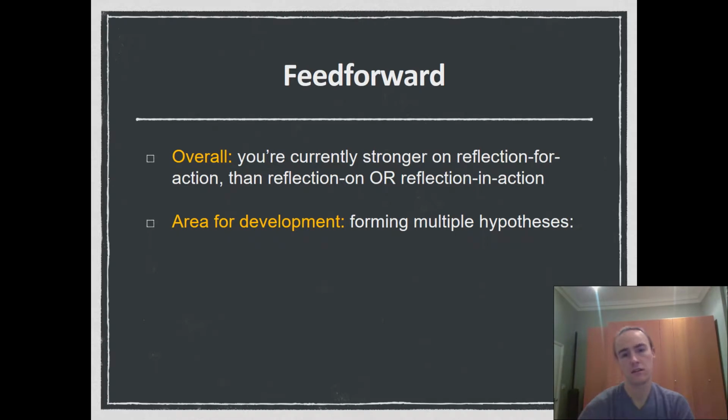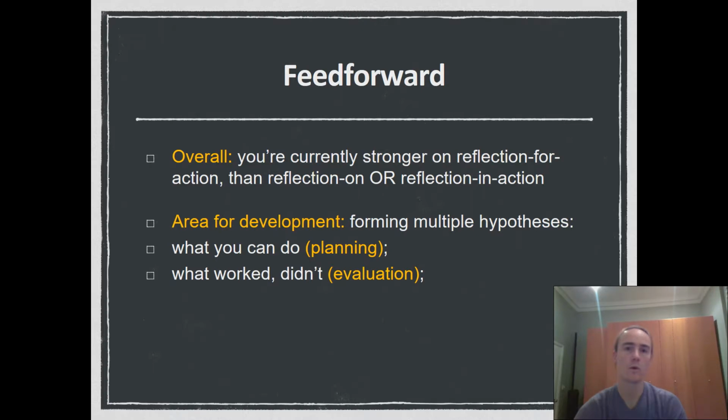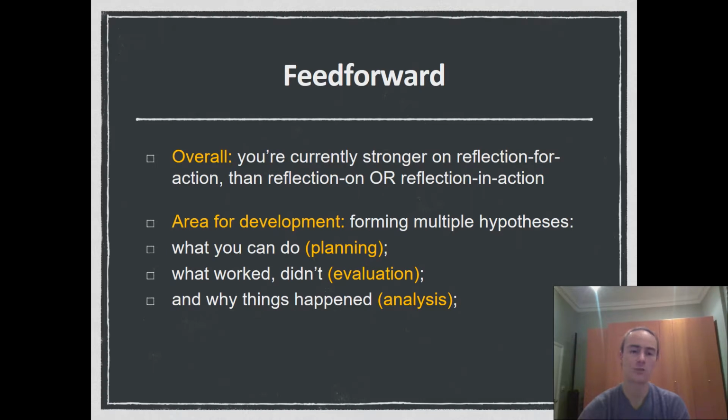And then, as well as leaning into those two areas, one really powerful technique for upping the amount of critical thinking in a piece, and for challenging yourself and your own perspectives, is to make sure that when you're talking about particular decisions, for example, planning what you might do with a particular class, or evaluating what worked and what didn't within that class, or analysing why things transpired the way they did, you challenge yourself at each one of those moments.